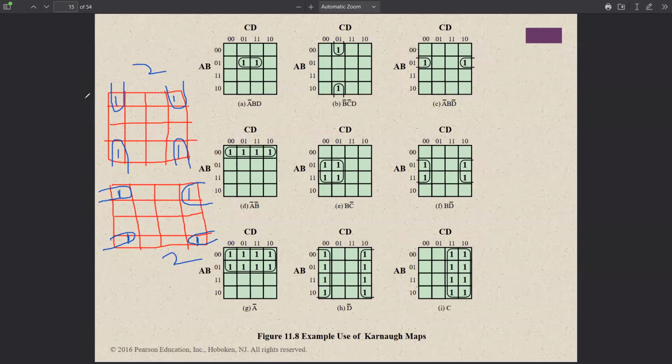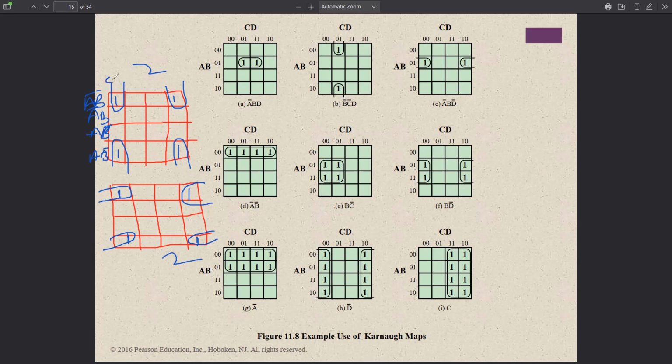So what should be here? Should be A bar, B bar, right? So this is A bar B, A B bar, sorry, A B, this one is A B bar.